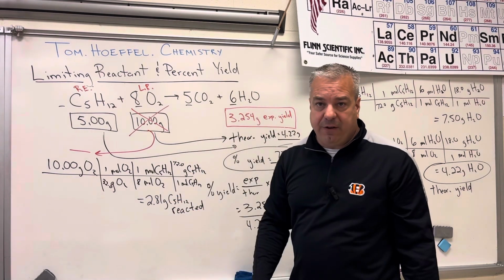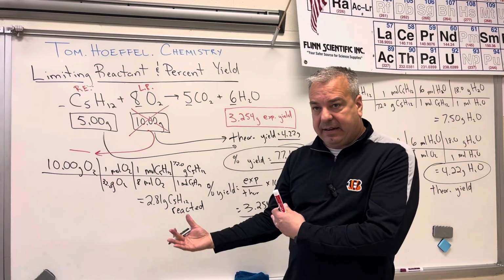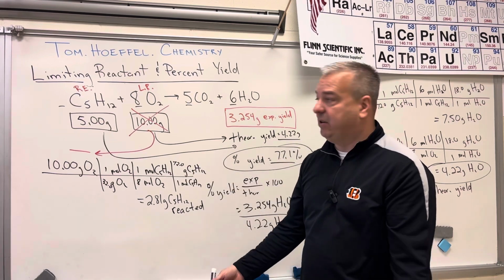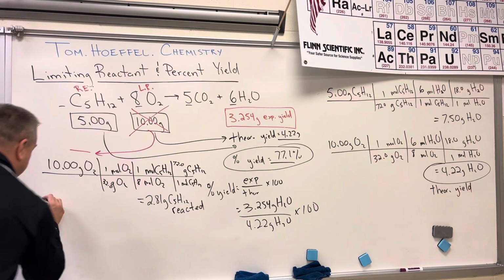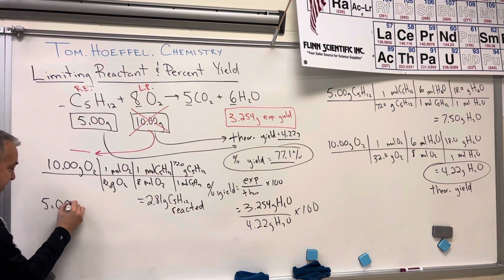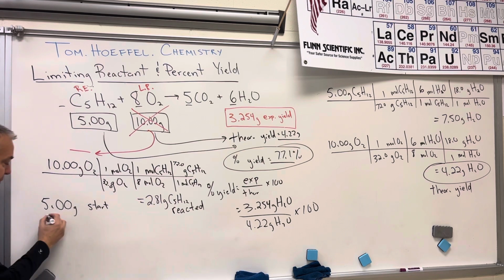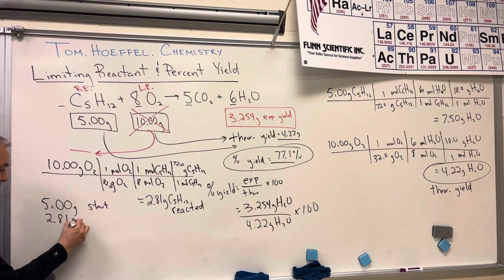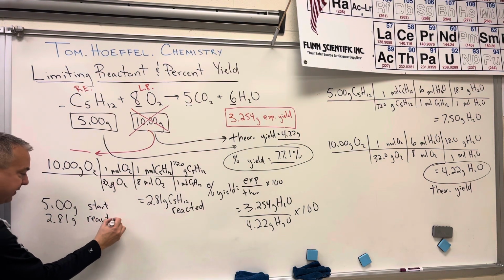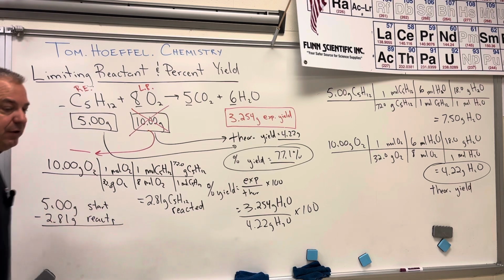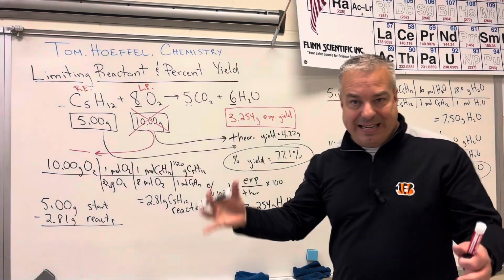Well, if I wanted to figure out how much did not react, I just have to subtract the two. So if I started with 5 grams of pentane, if that's how much I started with, and 2.81 grams reacts, well, the difference between the two is how much did not react.